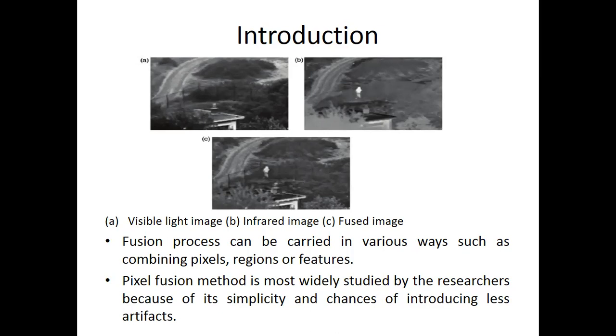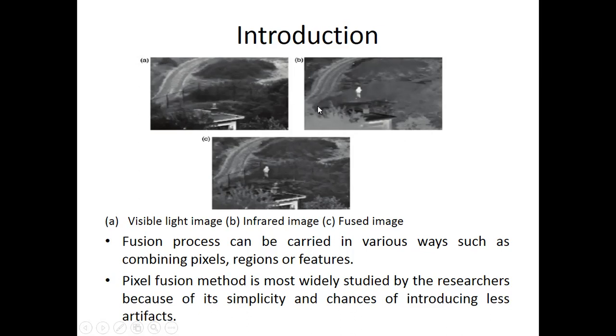In image A, the thermal image of a person who is hidden inside the bushes is not visible, whereas in image B, pointed by the arrow, this white area is a person hidden inside the bushes. So this person is not visible in image A, the visible light image, whereas this person is clearly visible in the infrared image.